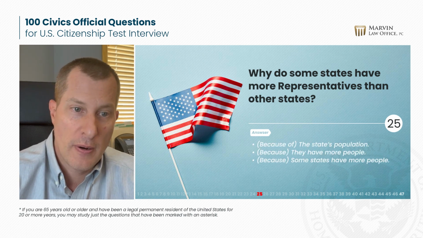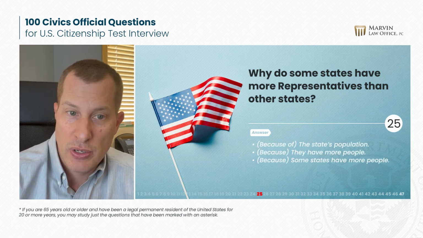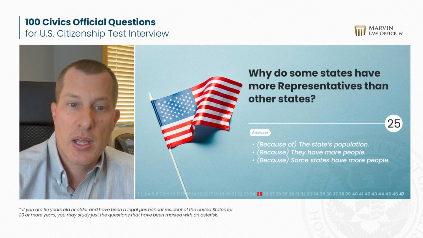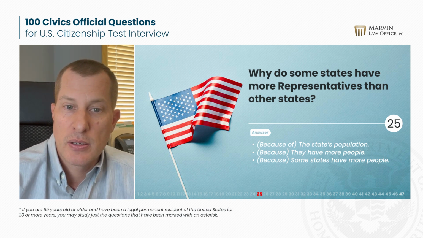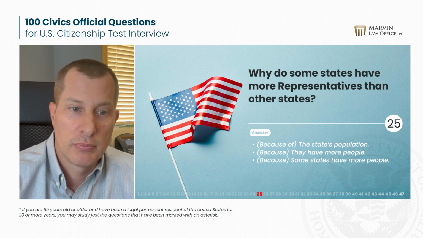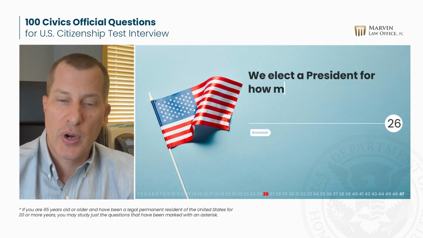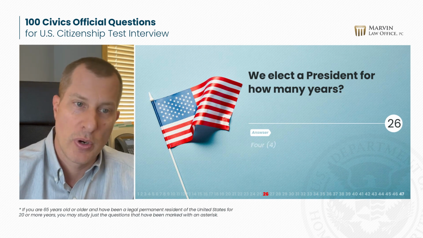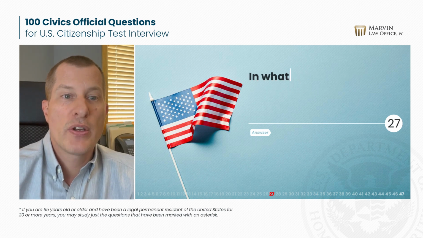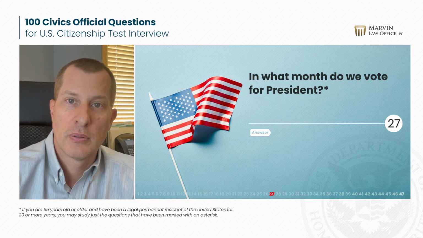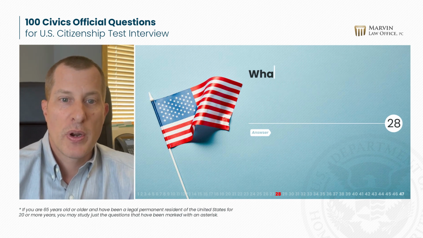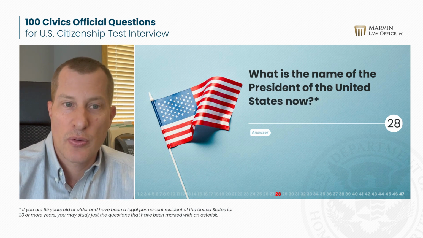Acceptable answers are because of the state's population, because they have more people, because some states have more people. We elect a president for how many years? 4. In which month do we vote for the president? It's November.